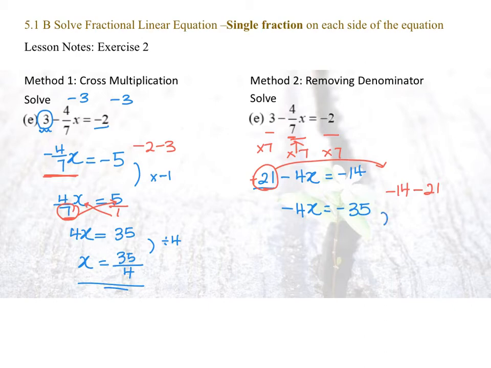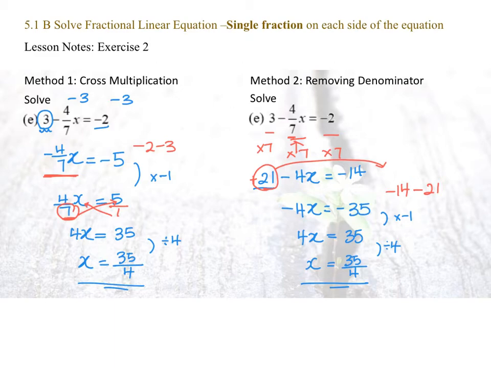We can multiply by negative 1 such that it will become positive 4x equals 35. 4 units of x is equal to 35. How do you get 1 unit? Divide by 4. And this will be the answer.